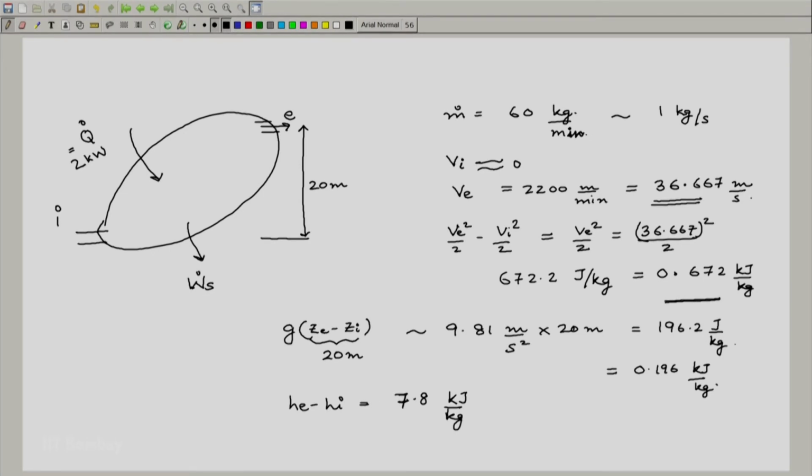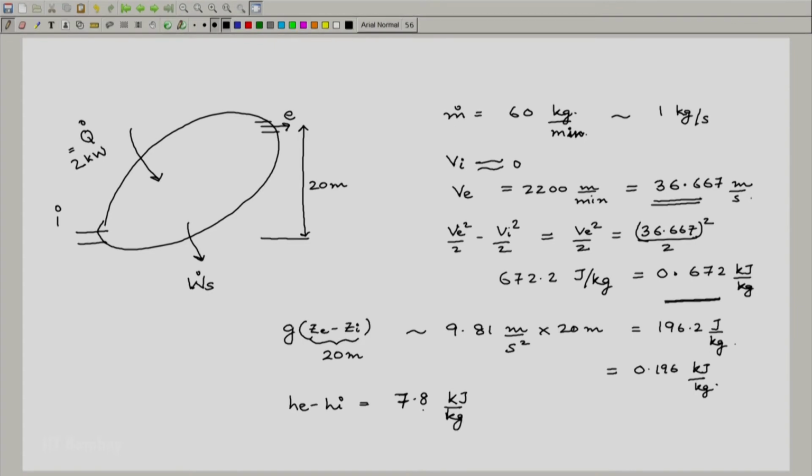You can say it is at least 10% of it, and hence we cannot neglect this. Of course, g times Ze minus Zi is much smaller, but still compared to 7.8 it is not that negligible, and hence we consider it. Q dot of course is of the same order as He minus Hi, it is 2 kilojoule per second, and if we divide it by 1 kilogram per second, you realize that it is of the same order.